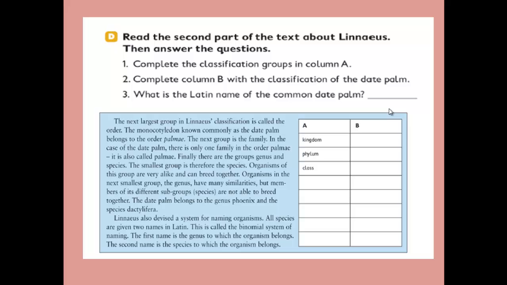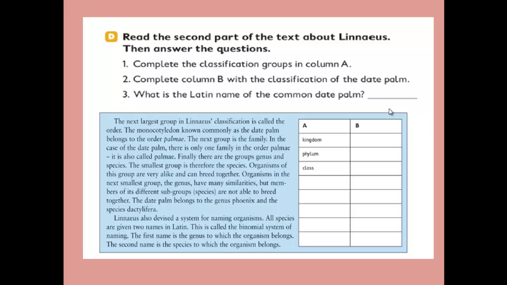I will read. The next largest group in Linnaeus classification is called the order. The monocotyledon, known commonly as the date palm, belongs to the order Palm or Palmae. The next group is the family. In the case of the date palm, there is only one family in the order Palmae. It's also called Palmae. Finally, there are the groups genus and species. The smallest group is therefore the species.